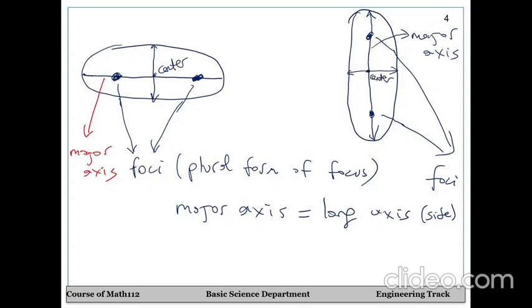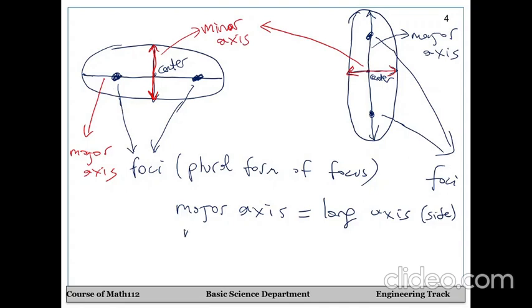Now this short red vertical line, this short one, we call this one the minor axis.